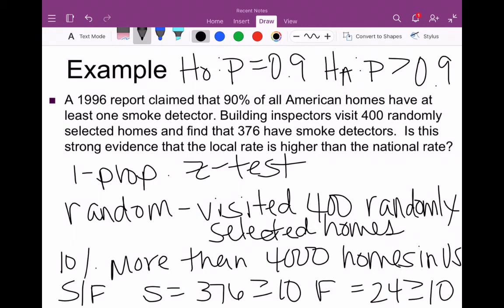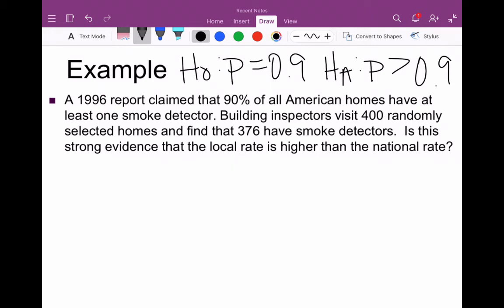Now that we've checked our assumptions and conditions, we can then move on to the mechanics. The mechanics, again, are where we perform our calculations. So our sample proportion, p-hat, is equal to 376 out of 400, which is 0.94.